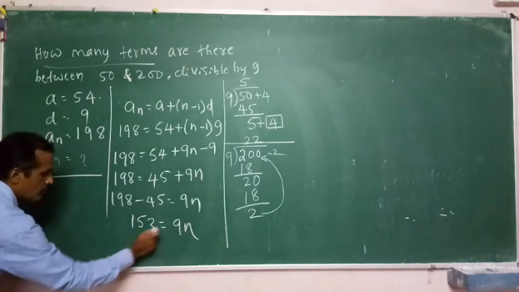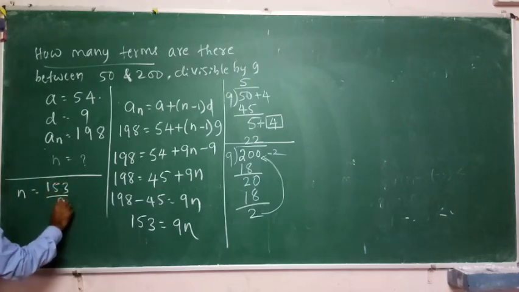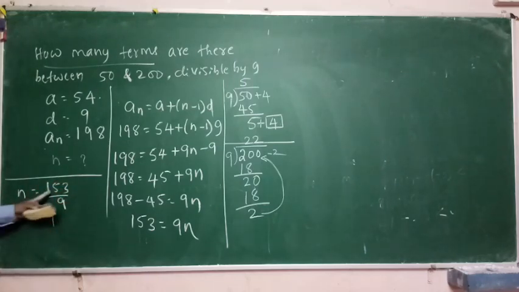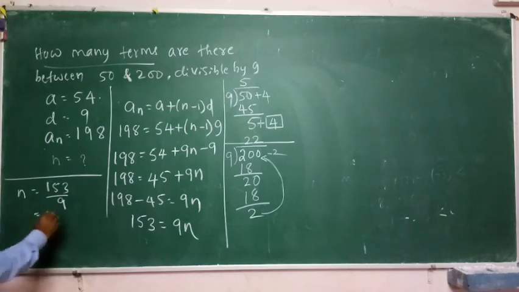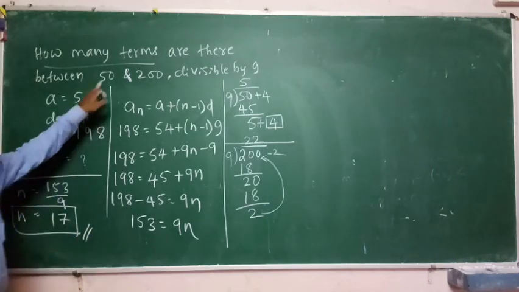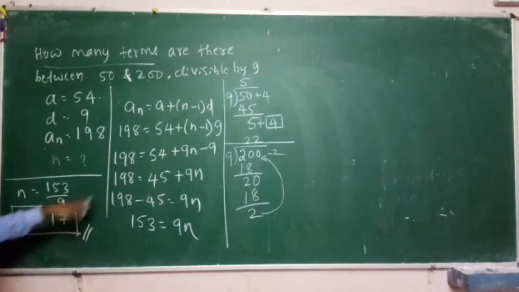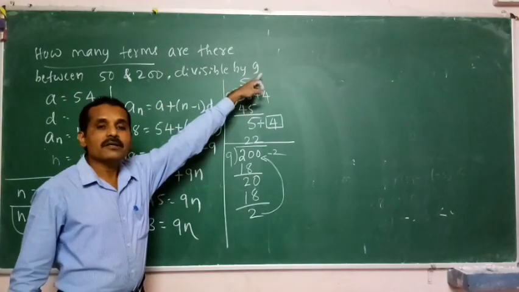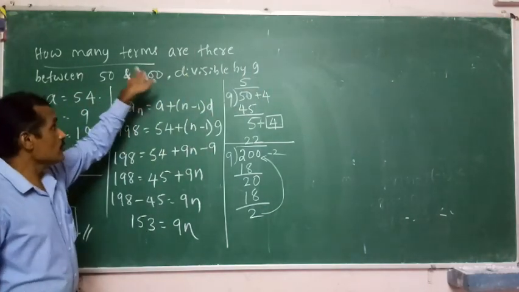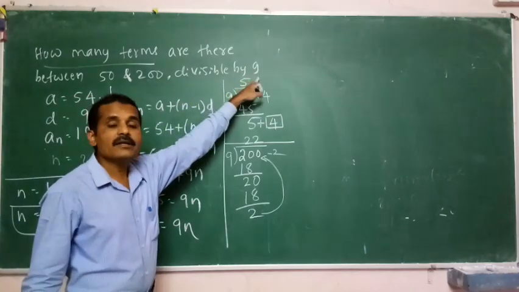Therefore, n is equals to 153 by 9. 9 ones are 9, 6, 63, 9 sevens are 63, n is equals to 17. That means from 50 to 200, there are 17 terms divisible by 9.